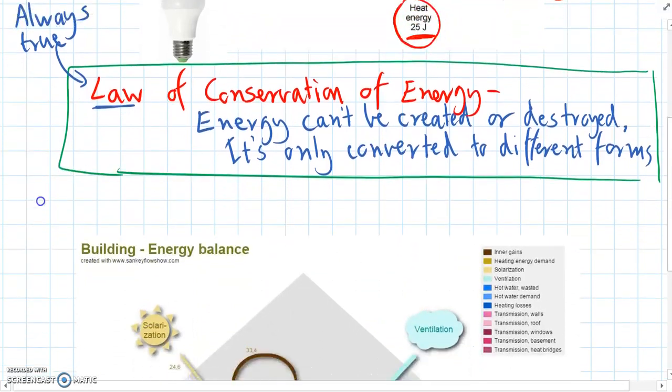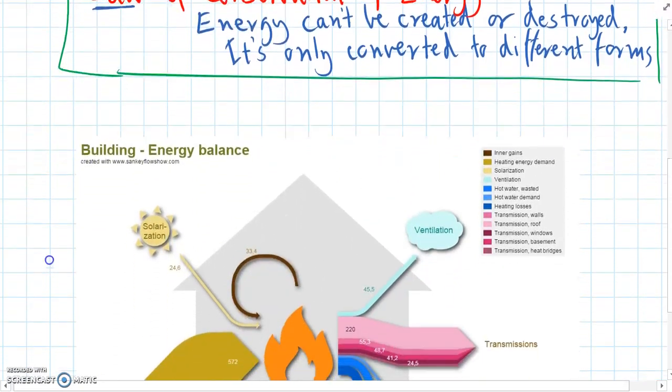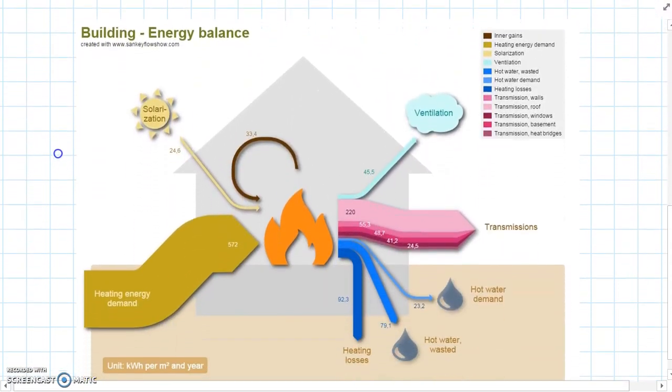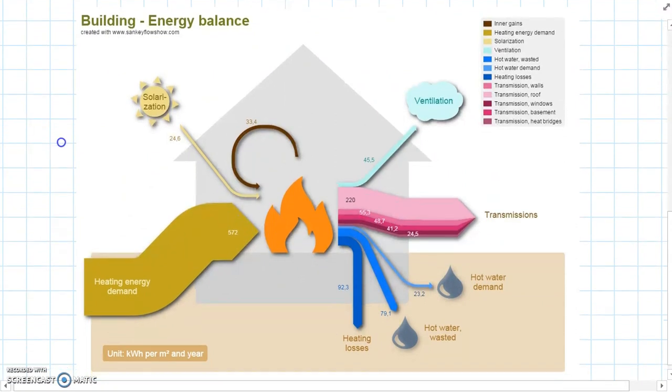So what we'll do now is have a look at an example of the law of conservation of energy in this pretty complicated looking diagram. But what it's showing here is an average household. We can see the house in the background, and this is showing all the energy that goes into an average house and all the energy that goes out, in whatever form it is.